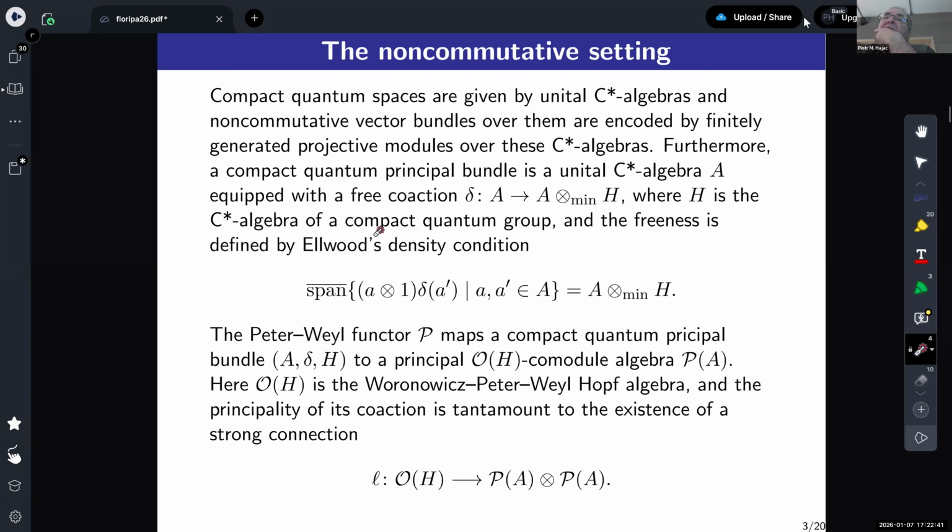You can simply prove in the spirit of Hopf-Galois theory that the canonical map must be bijective and strong connection is its partial inverse. I'm not going to give the axioms for a strong connection. Well, there is this device called a strong connection, and it exists if and only if your comodule algebra is principal. You can take it as one of many possible definitions of principality of your comodule algebra.